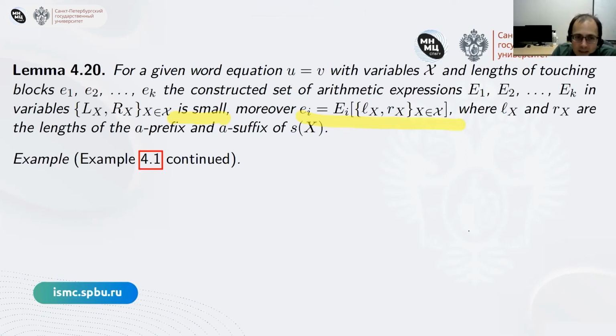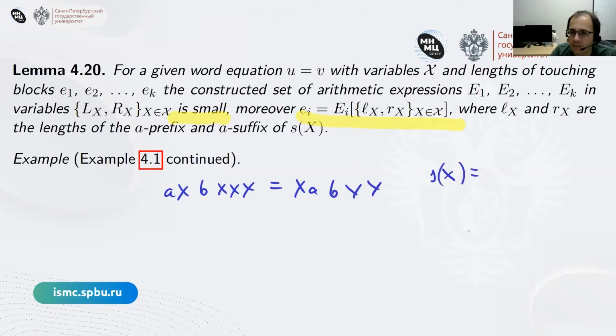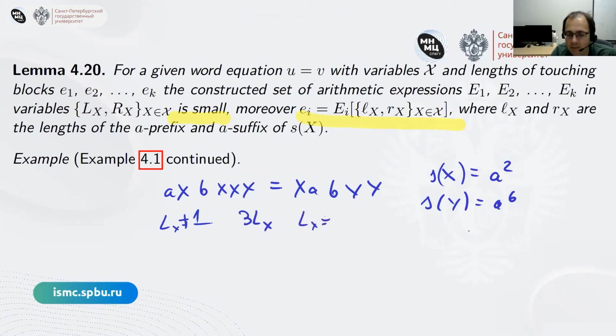So for instance, again, if we have this equation x y b y y, with the solution for x being a squared, and the solution for y being a to the 6. The arithmetic expressions are l_x plus 1, here it is 3 l_x, this again l_x plus 1, and this is 2 l_y.